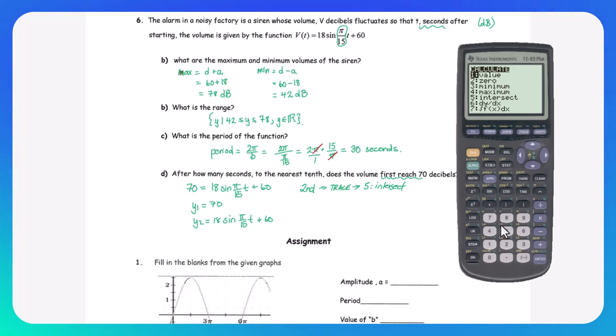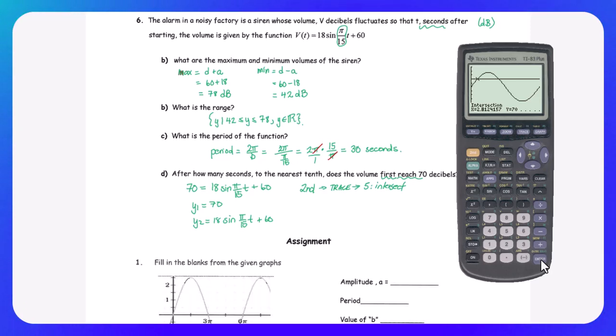Second trace, 5. Let's go to the first time. Okay. Click, click, click. Okay, now we're close. Enter, enter, enter. There we go. That's the first time it hit 70. So we've got to be careful sometimes when we read these things. I was a little quick to jump and then it caught my eye. First reached 70. So let's start highlighting things a little bit better.